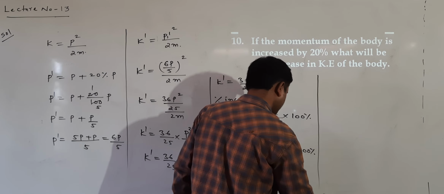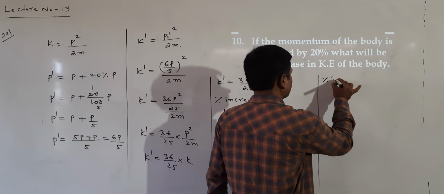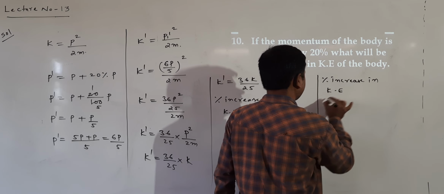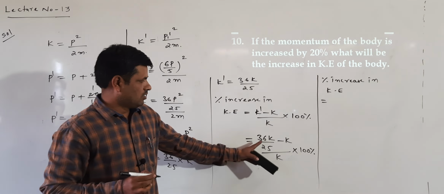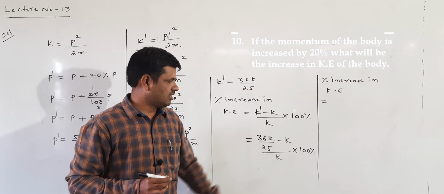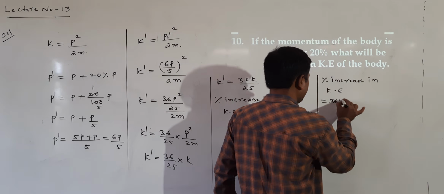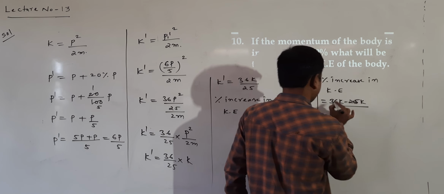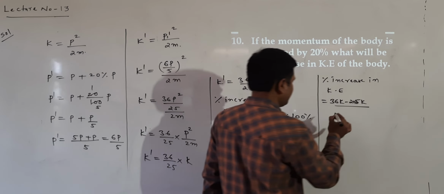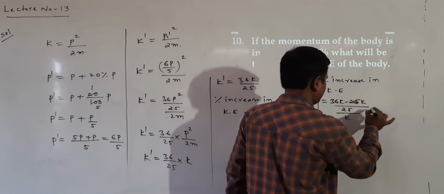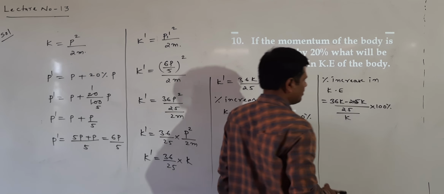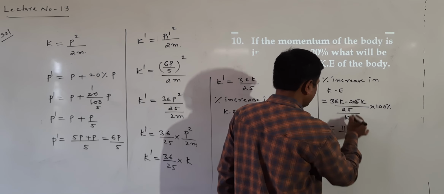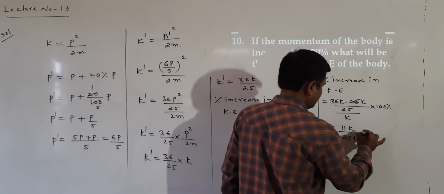Taking the LCM, 36K minus 25K by 25K into 100%. Here 36 minus 25 is equal to 11K, over 25K, into 100%.